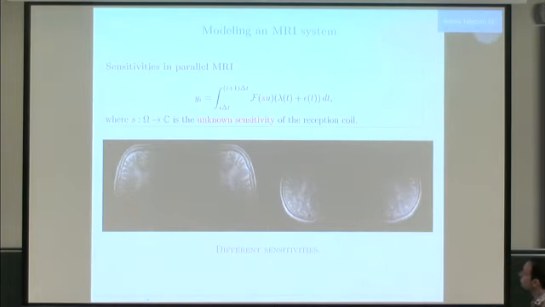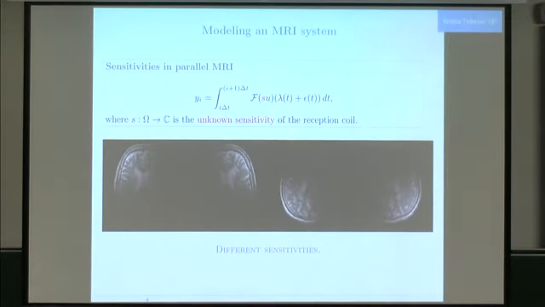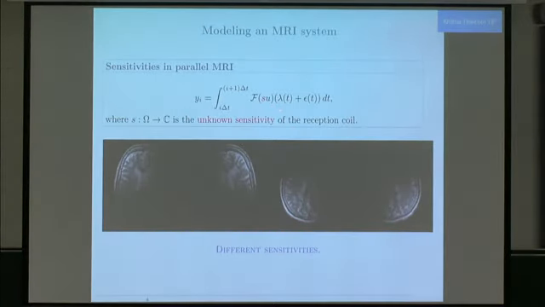Then a third effect is that usually you have sensitivities, this is especially true in parallel MRI, meaning that you are not actually measuring the Fourier transform of u, but the Fourier transform of a sensitivity profile S times u, like a diagonal matrix in infinite dimension, multiplied by u. And very often, this sensitivity is unknown, and so you need to evaluate it from the data.